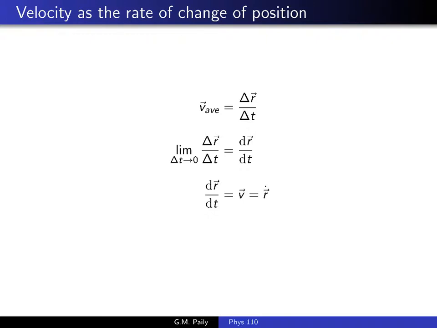Once again, let me repeat. The direction of the velocity will be the same as the direction of delta r. The difference is simply in the units. Delta r would be measured in meters and velocity in meters per second, and in the scaling of the vector. But the direction would remain the same.